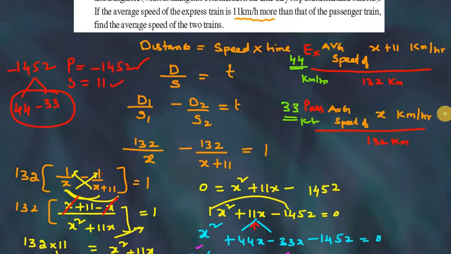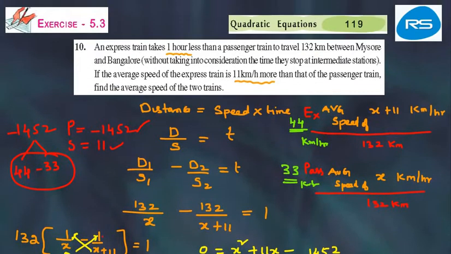So this is all about the sum. Very simple. Both the trains cover the same distance but with different speeds. The passenger train is x you take and the express train speed is x plus 11 you take. Then time is equal to distance by velocity, but in the sum he has given the difference of the two trains' reaching point is 1 hour.